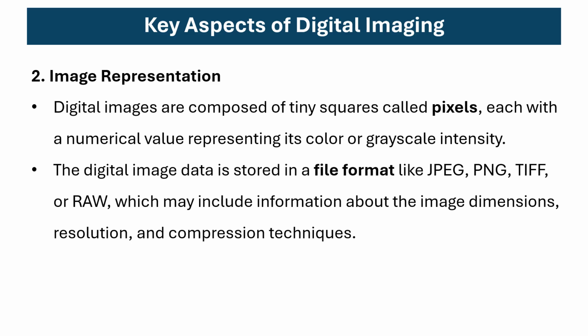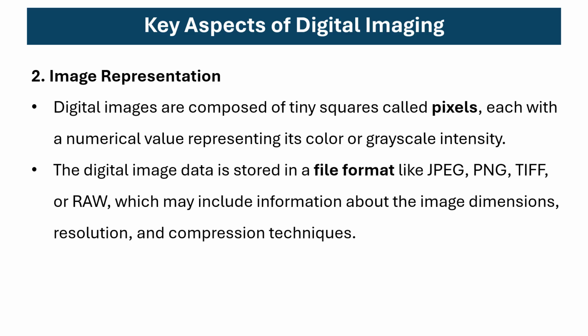So, as we say, digital images are represented by using pixels, tiny squares that represent, for example, a color, a hue, intensity, etc. The digital image data, those pixels, colors, etc., are stored in a file format.